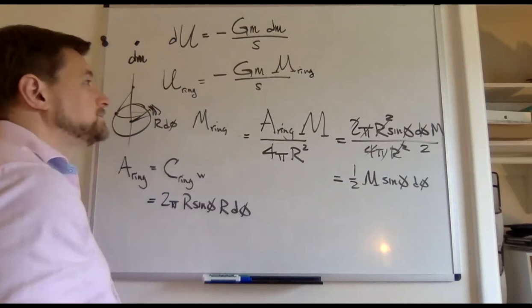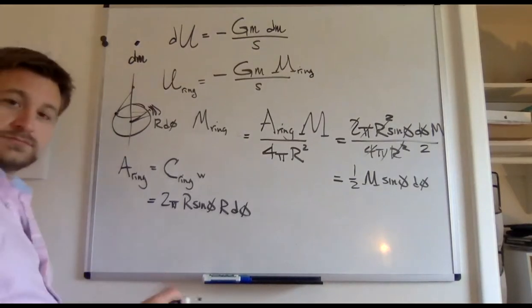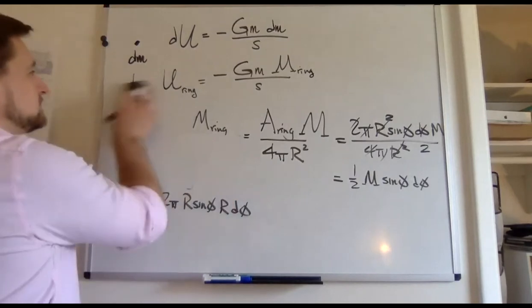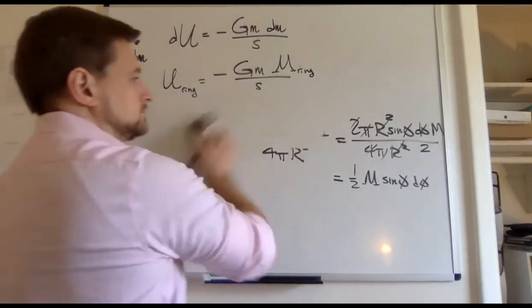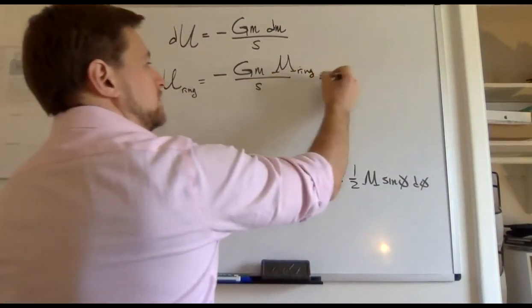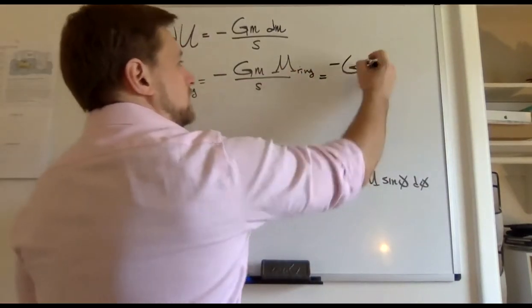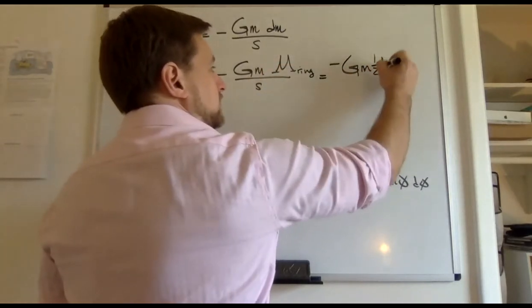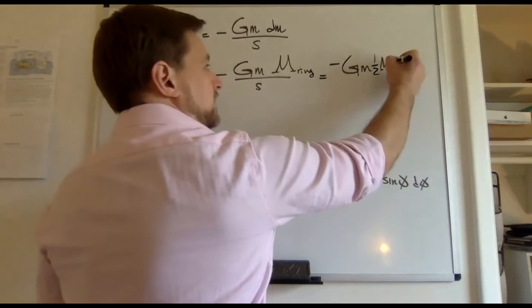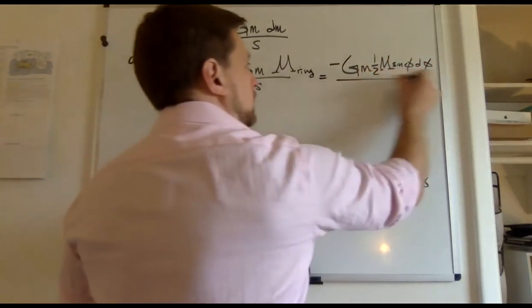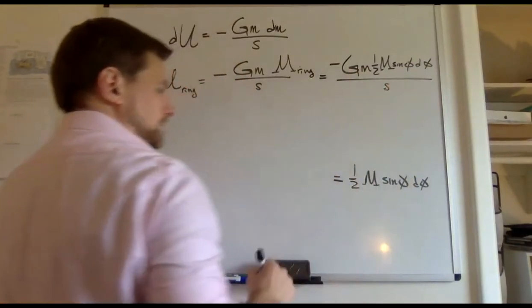Okay, fine. With me so far? So the potential from the ring is negative G, the mass at point P, times the mass of the ring, which is this junk we just wrote: total mass of the sphere, sine phi d phi, all over S.